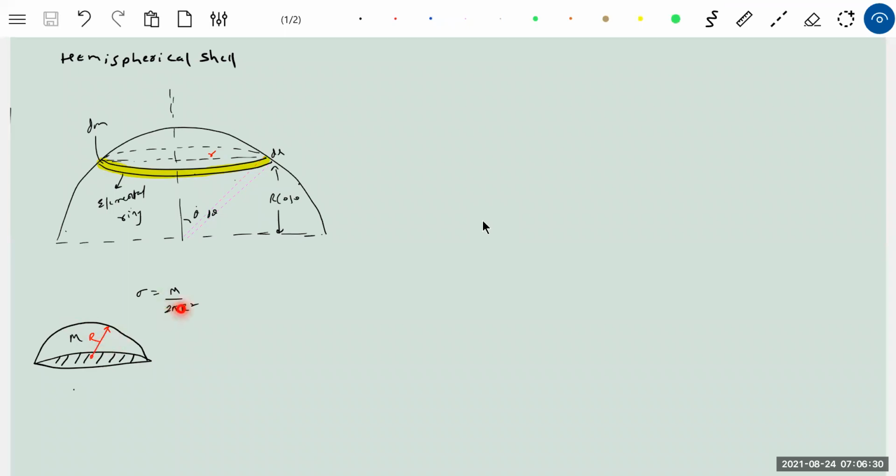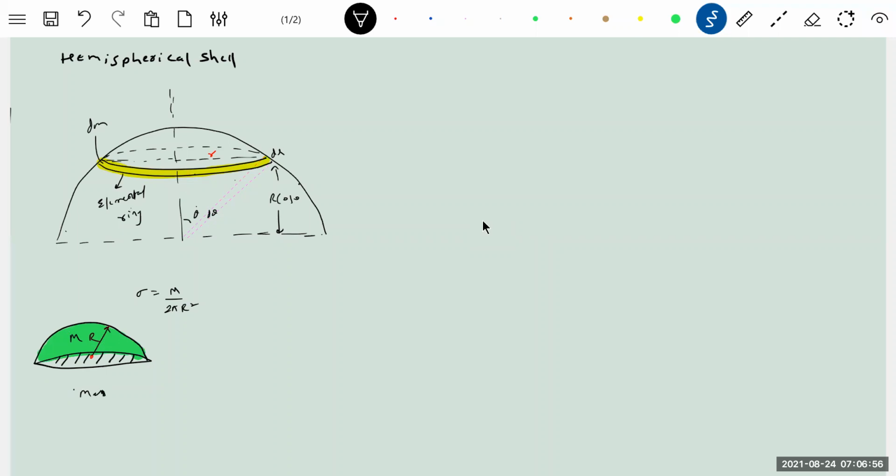So 2 pi r square will come, the surface area. The green color surface area, how much will it be? 2 pi r square. Solid hemisphere and hemispherical shell, the difference you must know, very, very important for us. First we'll define the mass of the hemispherical elemental ring.